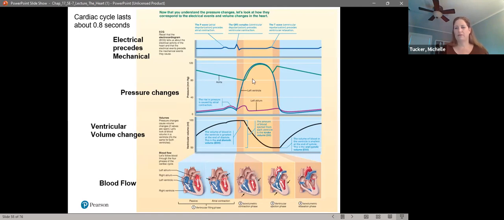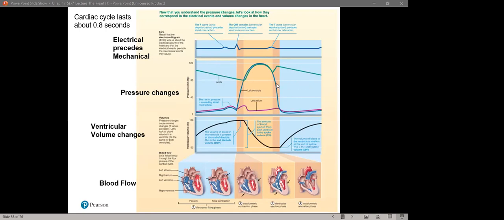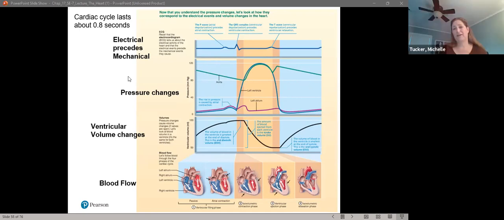So there are three phases to the cardiac cycle. This middle phase is often broken up into two phases. So sometimes you'll see that these are written as 4 phases. I've even seen it written as 5 phases.